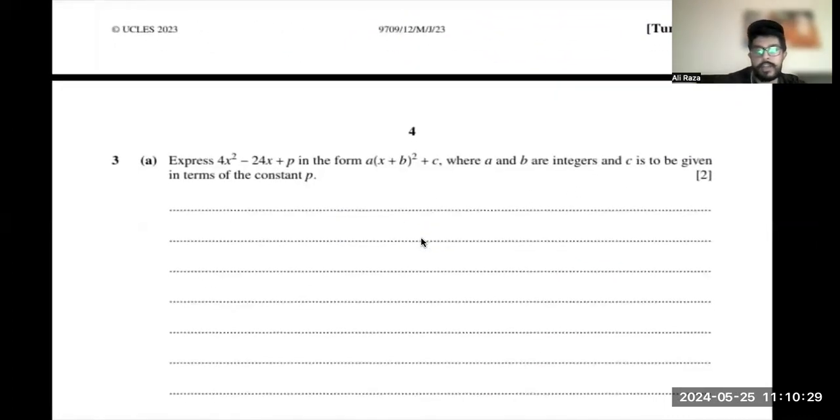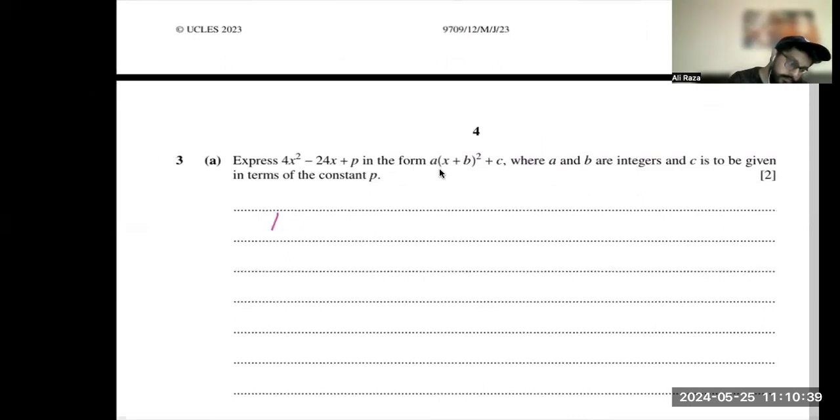We're given the quadratic 4x squared minus 24x plus p, and we need to apply completing the square on it. We'll take 4 common from the first two terms and leave the p outside.